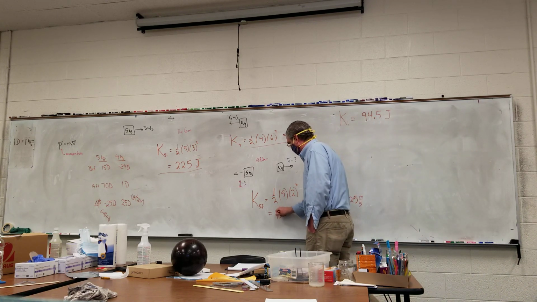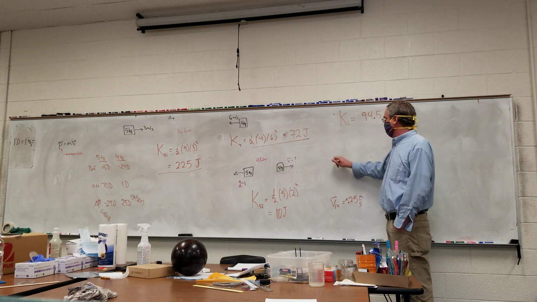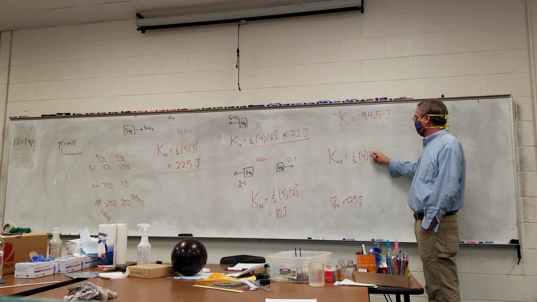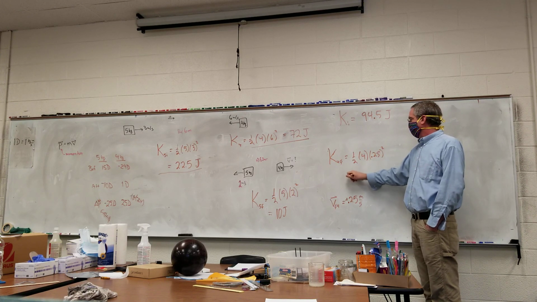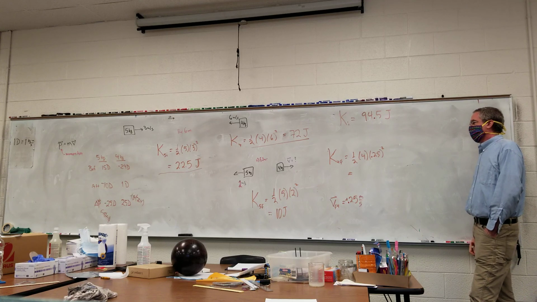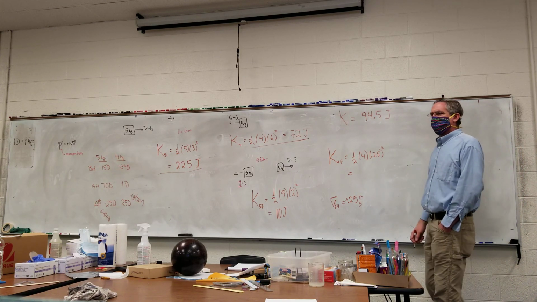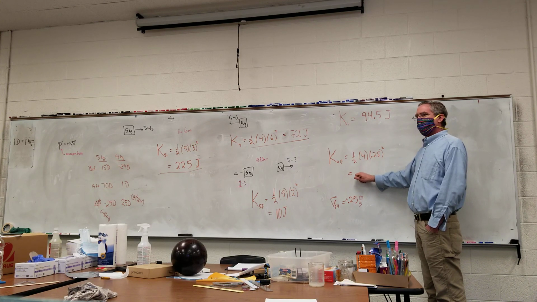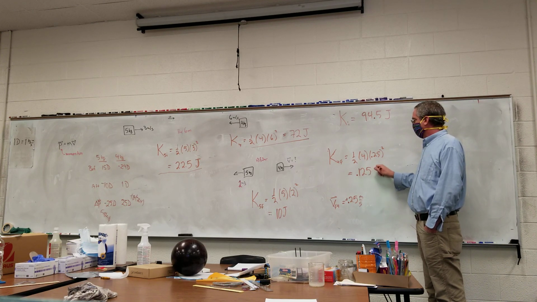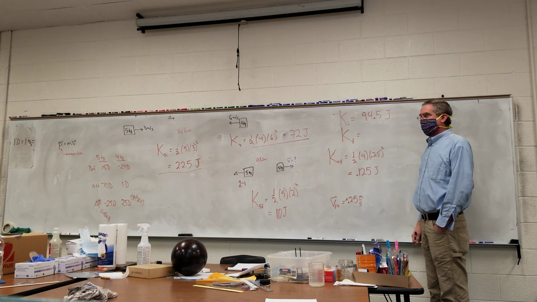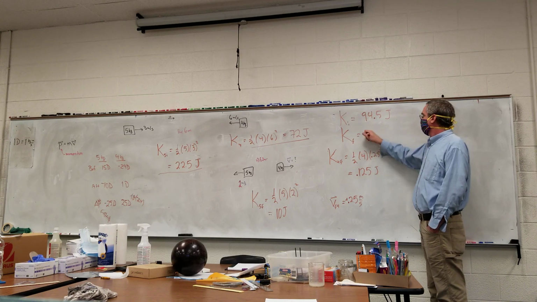And then for the other one, the kinetic energy of the 4 kilogram mass final, 1/2 times its mass times that speed squared, that's 0.25 squared. So the final kinetic energy is 3.125.